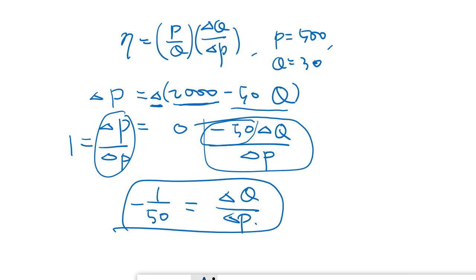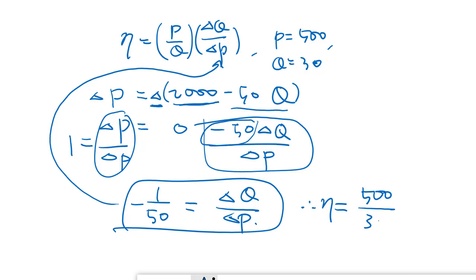So we found this fraction and plug this portion into the second term of the definition of point price elasticity. So we can conclude the price elasticity of demand we are looking for is 500 over 30 multiplied by minus 1 over 50.